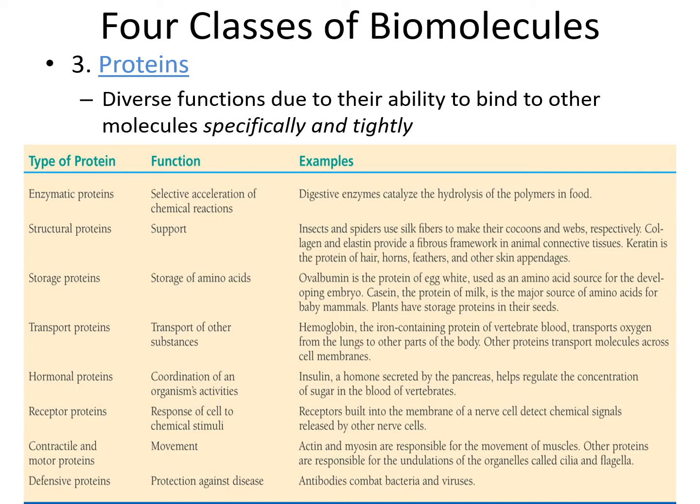This chart here is showing you just some of the many different examples of what proteins can do. Of course, they can be enzymes, structural proteins, right? So they're part of our bones, they're part of our cells. Storage proteins, we can store energy in the form of amino acids.